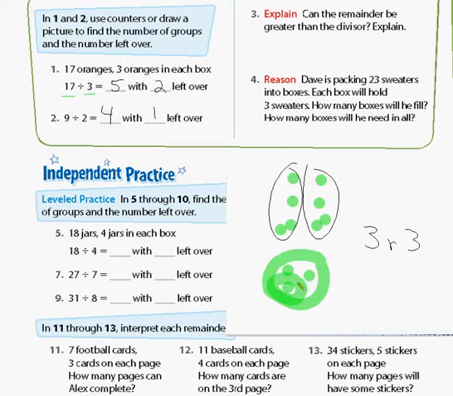So if you ever end up with a remainder that's larger than your divisor, you did something wrong, basically. So we'll go ahead and write no. I think we gave a pretty good explanation of why you can't. Because if you had more left over, you could add that to your groups.